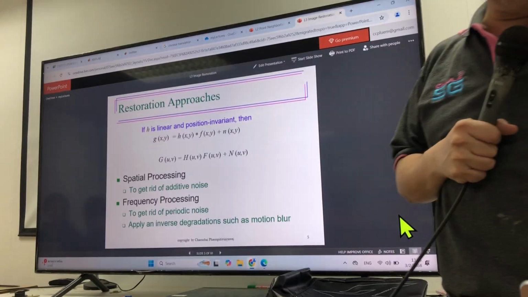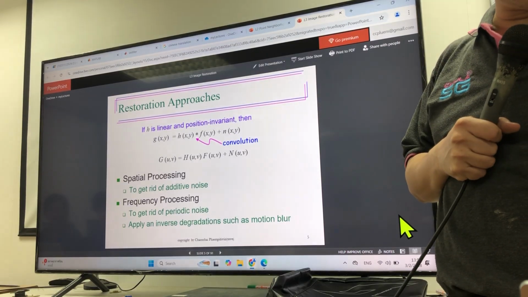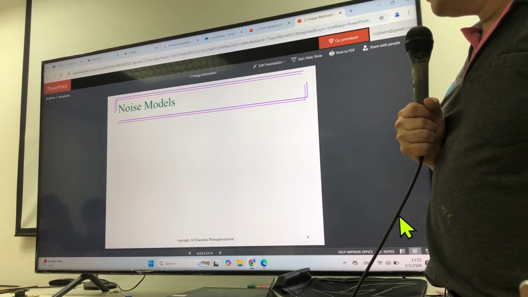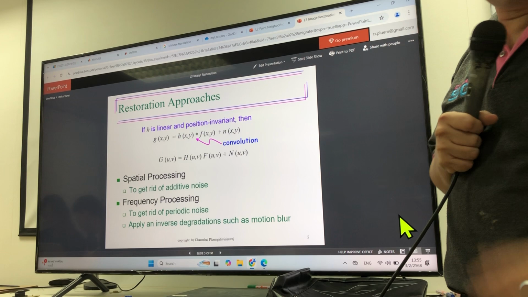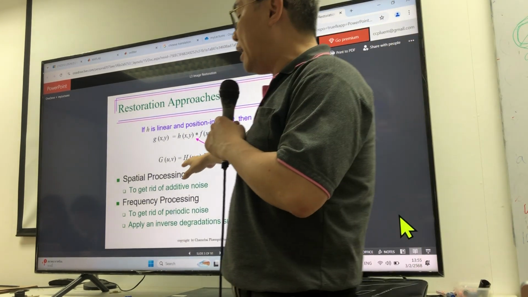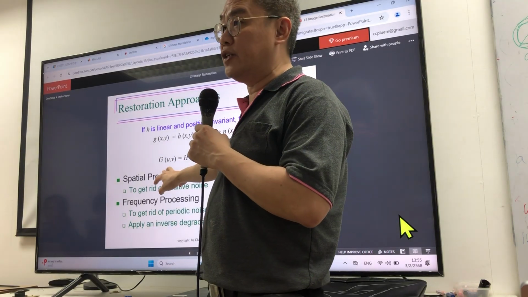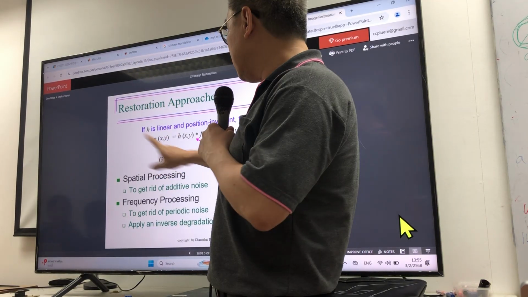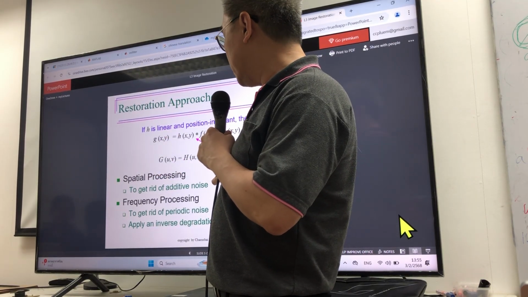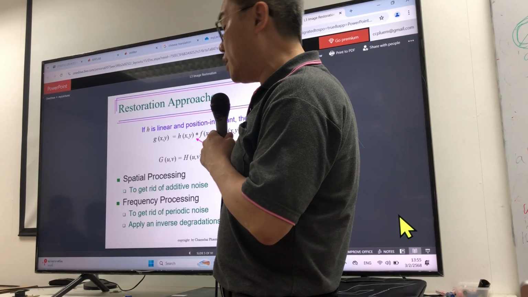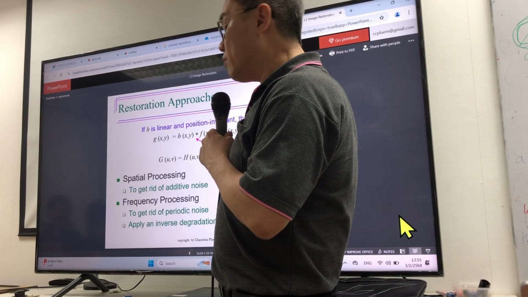If you take the Fourier transform, the convolution becomes capital H times capital F plus N, and you get G. So the way to get F back, this is what you do. First, we get rid of the noise. Then, what do we do next?